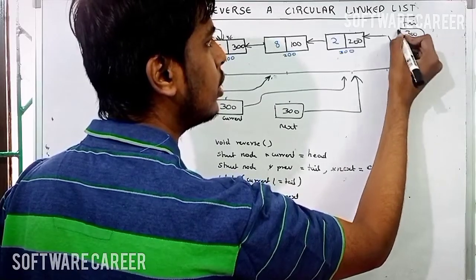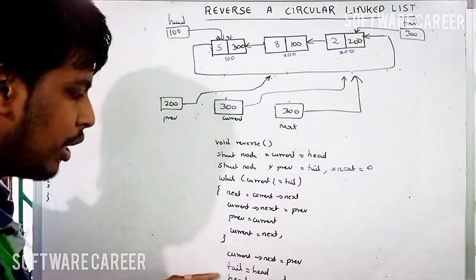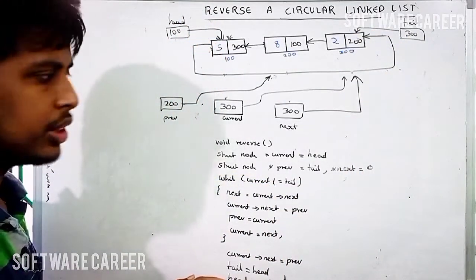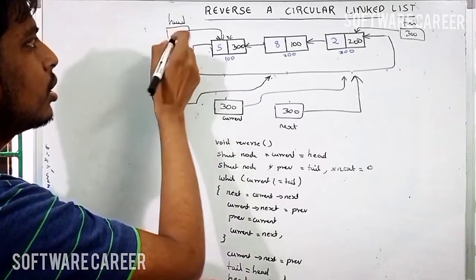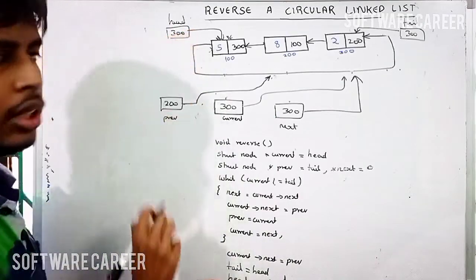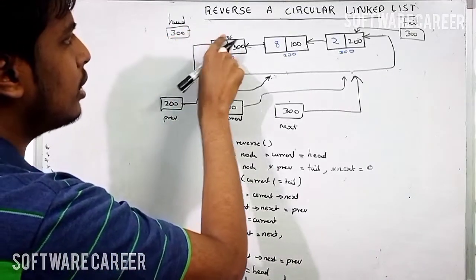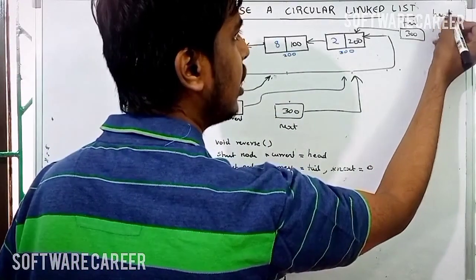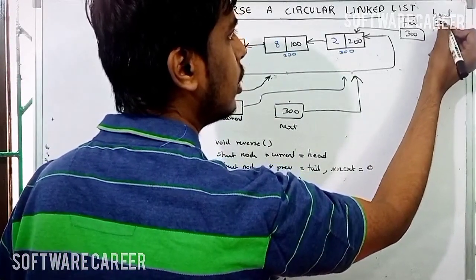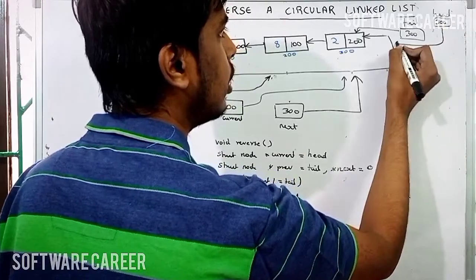It has 300. If you write the step head equals to current first, current is 300. Now 300 you are storing here. So this pointer gets cancelled and this head pointer is pointing to the last node, which is having address 300.